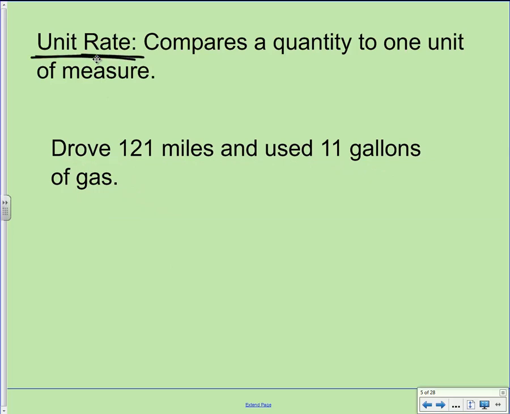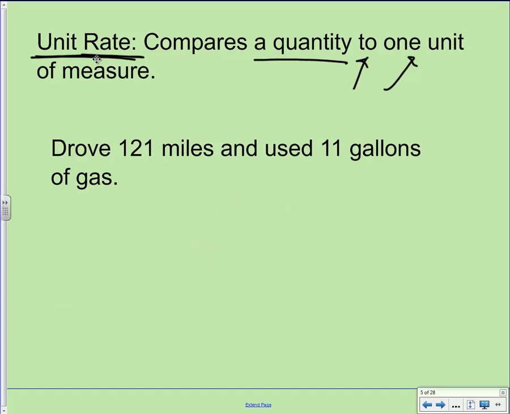Okay, the unit rate, that's what we're looking for. So unit rate compares a quantity to 1. So a quantity on top to 1 is what we're looking for. We're looking for a 1 on the bottom. Well, we can't quite do that yet until we set up our problem and simplify. So here's what we're looking for.